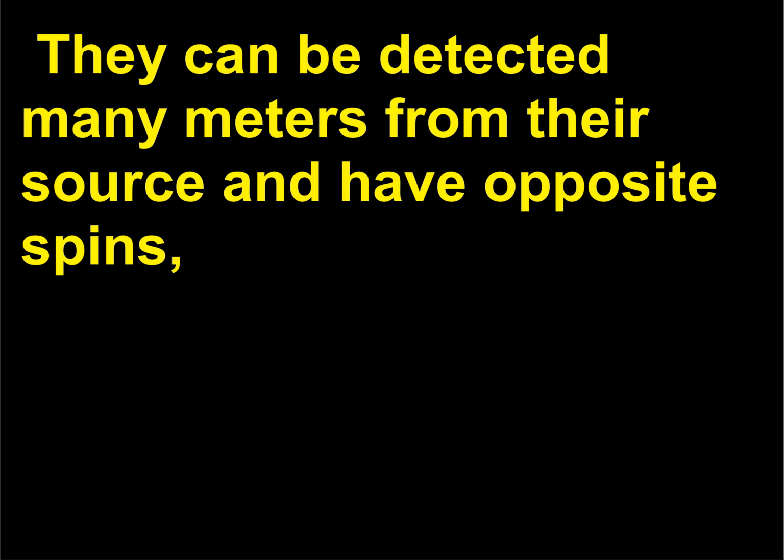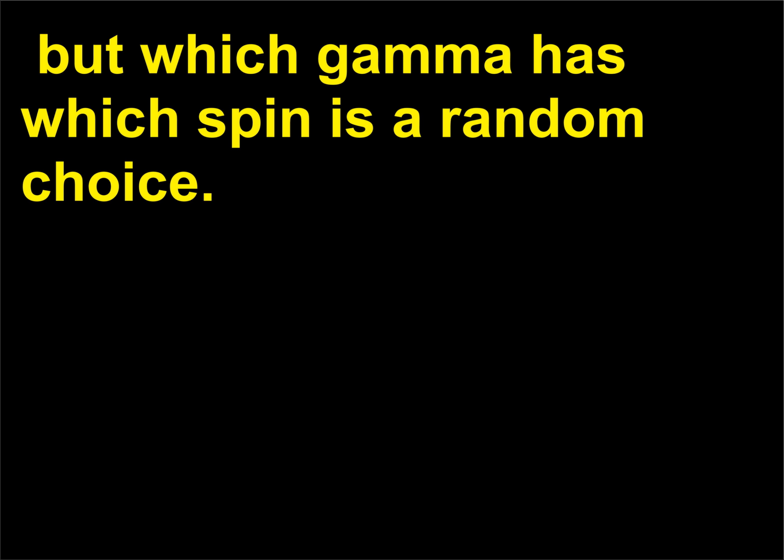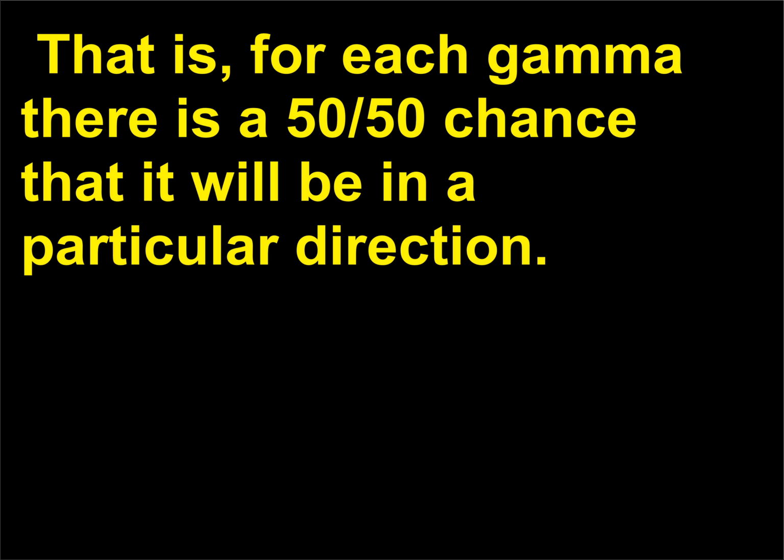They can be detected many meters from their source and have opposite spins. But which gamma has which spin is a random choice. That is, for each gamma there is a 50/50 chance that it will be in a particular direction.